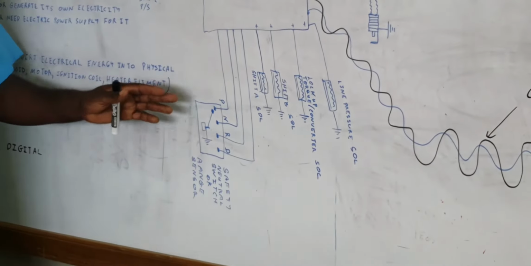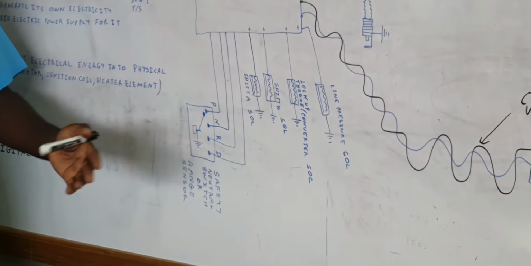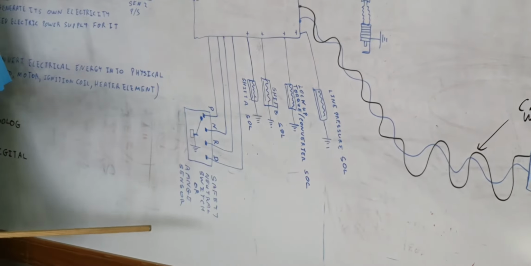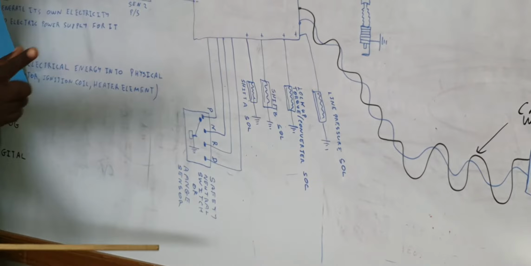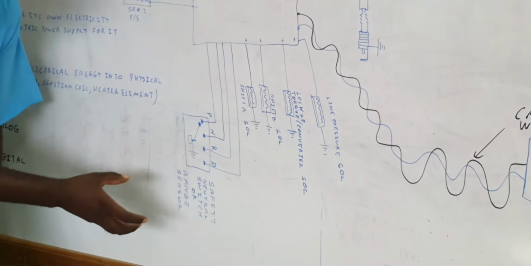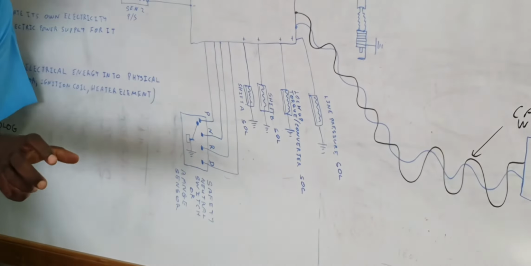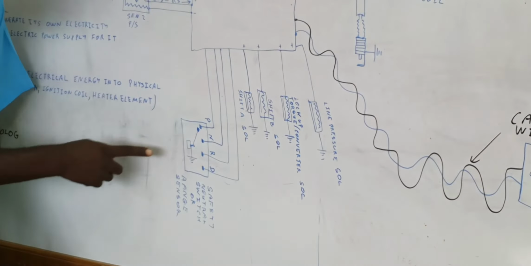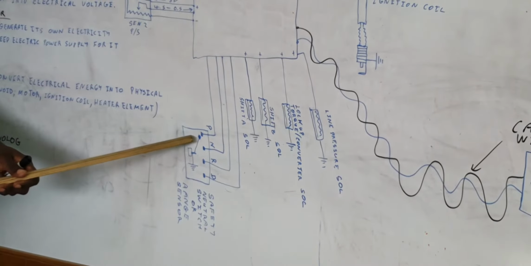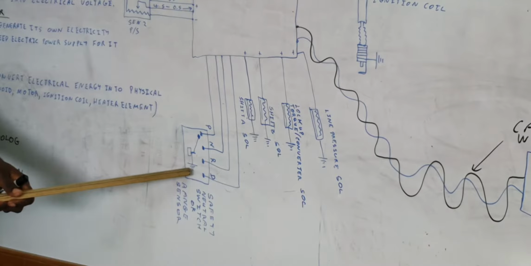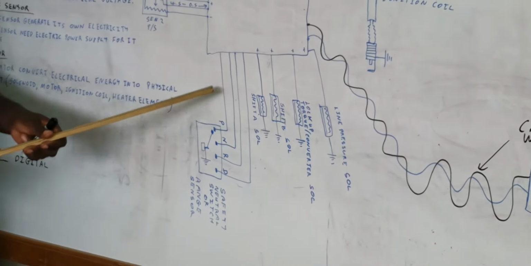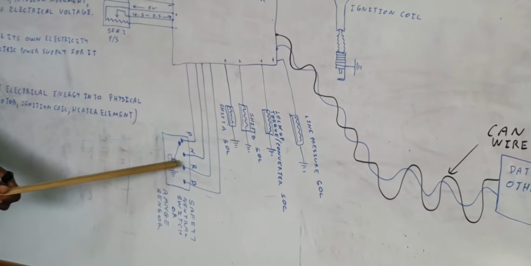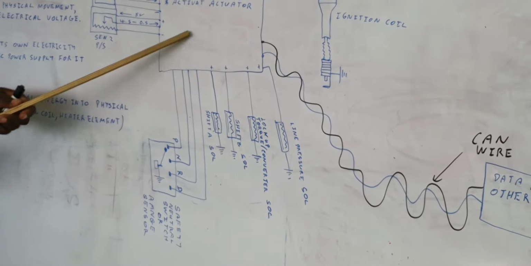This is normally operated from a cable, generally speaking, unless it's a shift by wire system. So that cable that runs from the transmission to the inside of the vehicle and your shift lever, this is what changes. And you notice this is a ground. So when you're in park, send a signal. Neutral, send a signal. Reverse, send a signal.